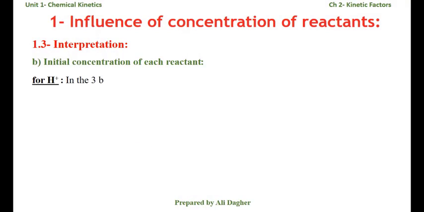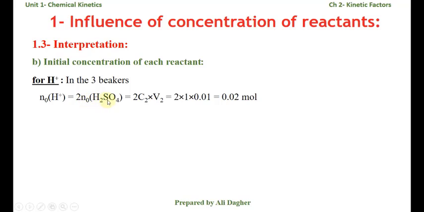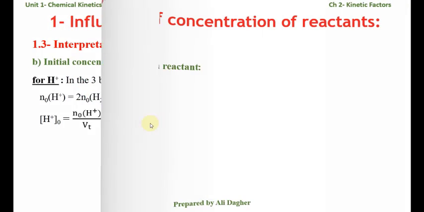For H+, in the three beakers, N0, the initial number of moles of H+, equals 2 N0(H2SO4), which equals 2 times C2 V2. V2 equals 10 milliliters, 0.01 liter, so it equals 0.02 mole, divided by the total volume, which is 100 milliliters, that means 0.1 liter. Then the initial concentration of H+ in the three beakers is 0.2 mole per liter.